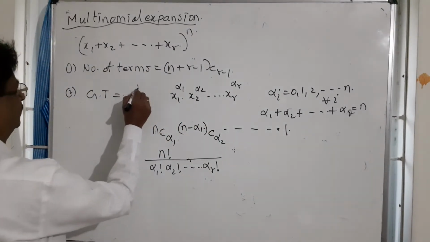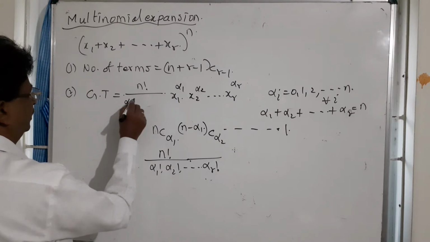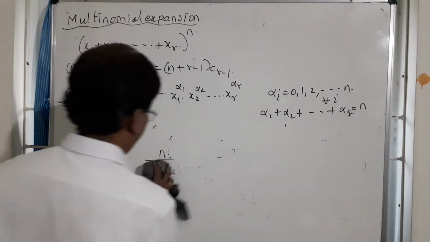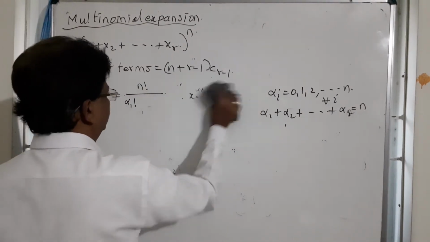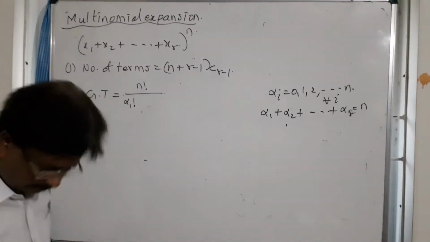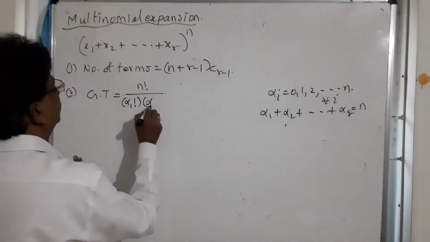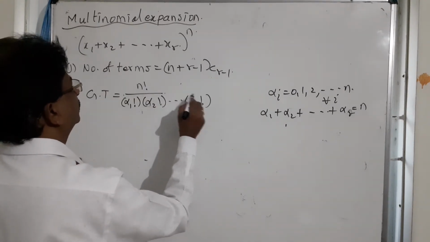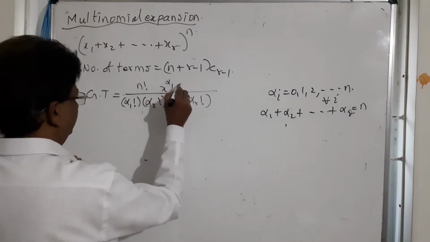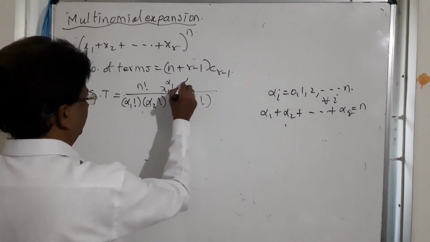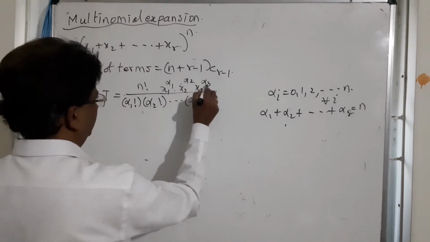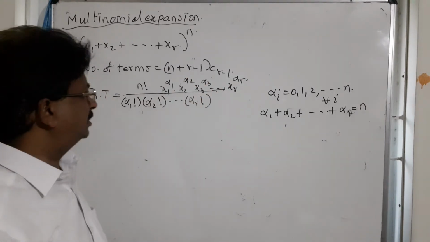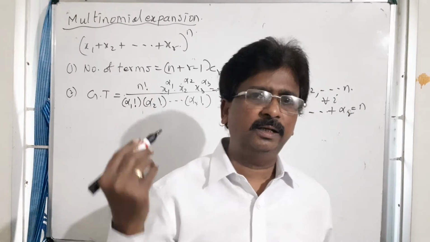I will write it: n factorial by alpha 1 factorial into alpha 2 factorial and so on into alpha r factorial, times x1 power alpha 1, x2 power alpha 2, x3 power alpha 3, and so on up to xr power alpha r. Okay, this is the general term, and the coefficient we can see clearly.